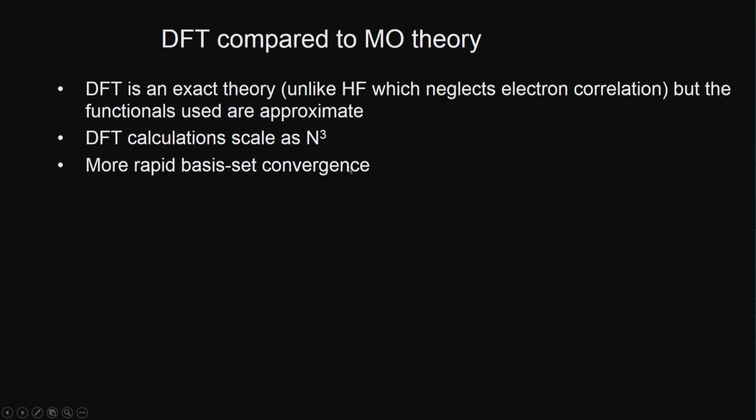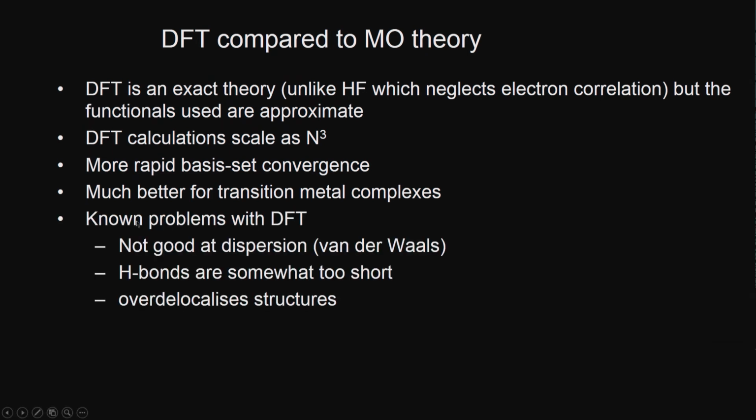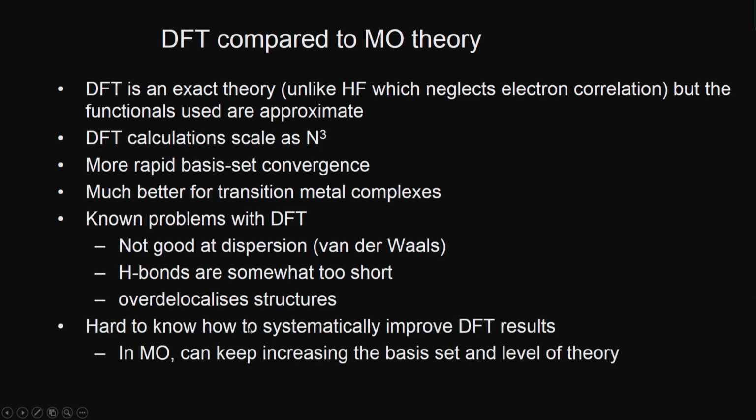It has more rapid basis set convergence and is much better for transition metal complexes. Of course, semi-empirical methods are quite approximate. Known problems with DFT: it is not good at dispersion, hydrogen bonds are somewhat too short, it over-delocalizes structures, and it is hard to know how to systematically improve DFT results.